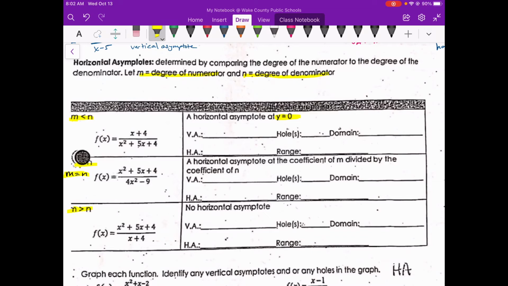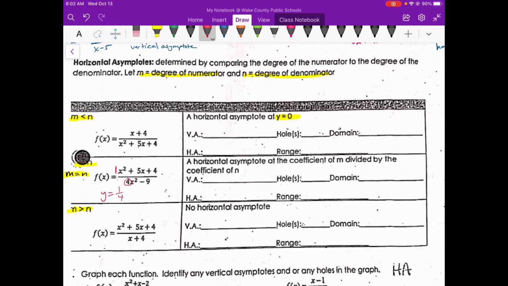So in this situation, our lead coefficient on top is a 1, and our lead coefficient on the bottom is this 4. So we would have a horizontal asymptote at 1 over 4. So y equals 1 over 4. Okay, that's when the numerator and the denominator have the same degree.